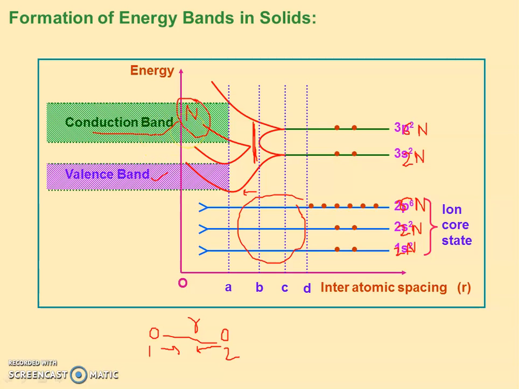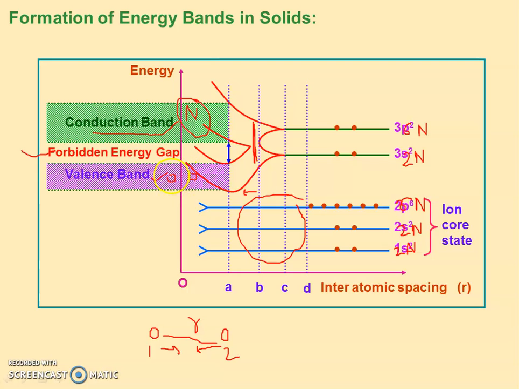Now the separation between conduction band and valence band is called the forbidden energy gap. It means there are electrons in the valence band, but in the conduction band there is no electron. If an electron is situated in a bond, it means it is in the valence band. And if the electron is free, it means the electron exists in the conduction band.